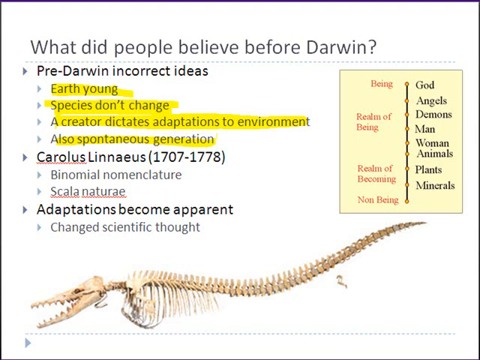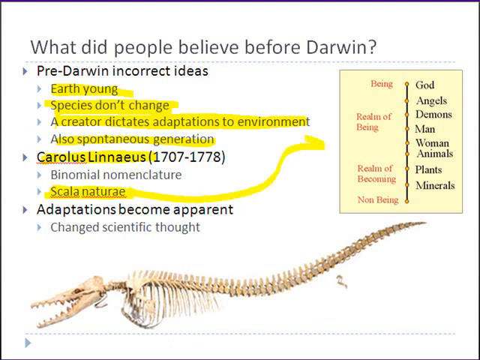And then in the early to mid-1700s, Carolus Linnaeus, whom we've talked about already, came up with the idea of binomial nomenclature for the naming of species. And he purported that there was a natural ladder, what's called the scala naturae, which describes the relationships and hierarchy among organisms.